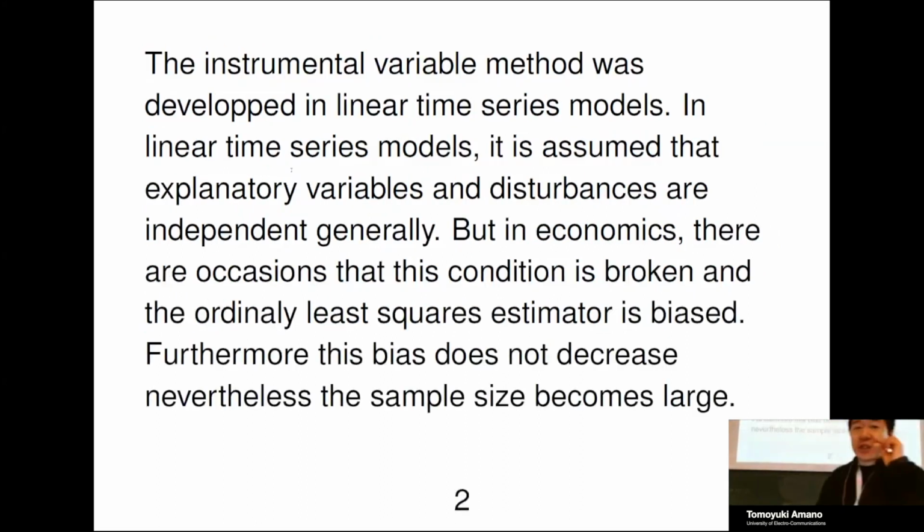Next, we give a short history of the instrumental variable method. The instrumental variable method was developed in linear time series models. In linear time series models, it is generally assumed that the explanatory variables and the disturbance are independent. But many times there are occasions when this condition is broken, and the ordinary least squares estimator is biased.